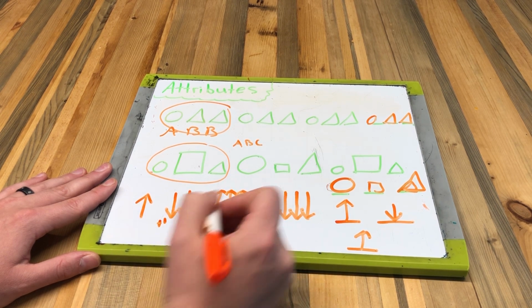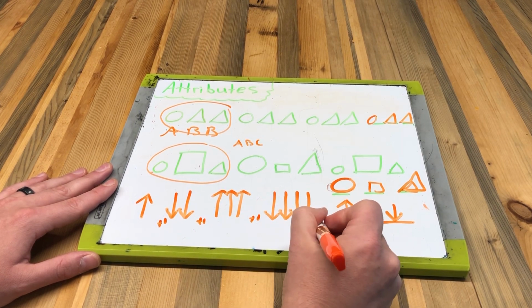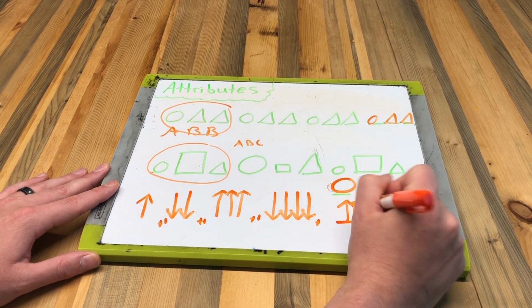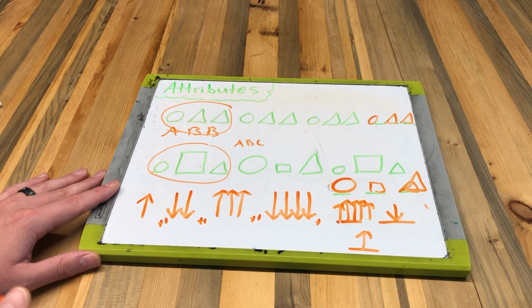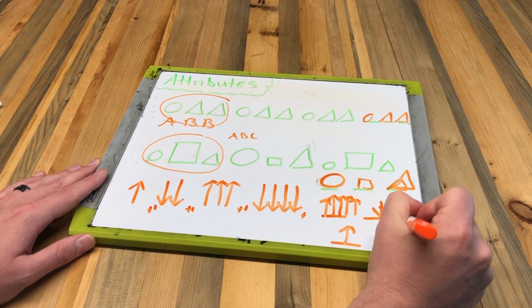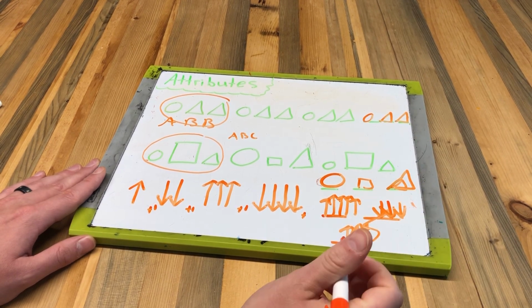Add 1 more, now I have 3. Add 1 more, now I have 4. If I add 1 more, I have 5. So I need to do 5 arrows that are pointing up. And then I add 1 more to 5, and it's going to be 6 here, and then 7 arrows here.